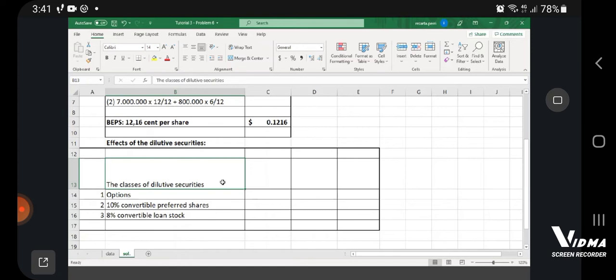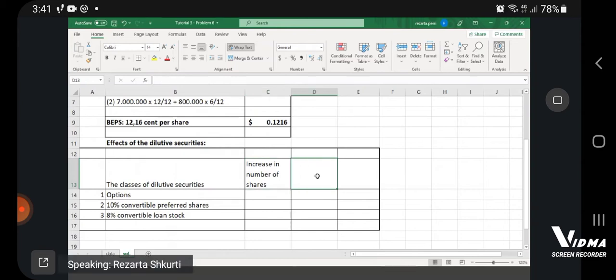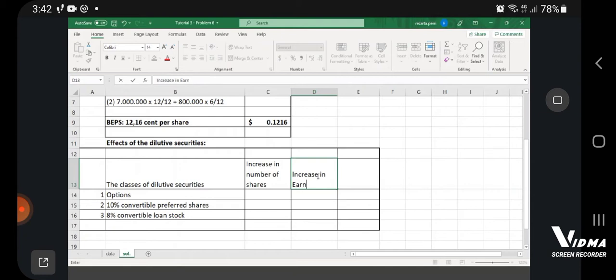First of all, we show the increase in number of shares attributed to the exercise of these dilutive securities specifically. So the increase in number of shares for each of the dilutive securities. Then we will show the increase in earnings, the next column.